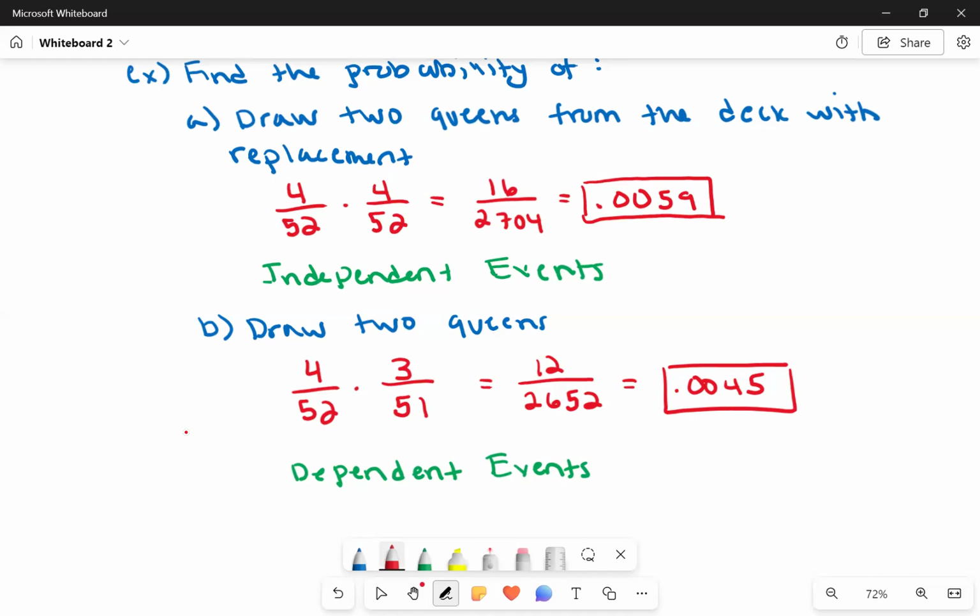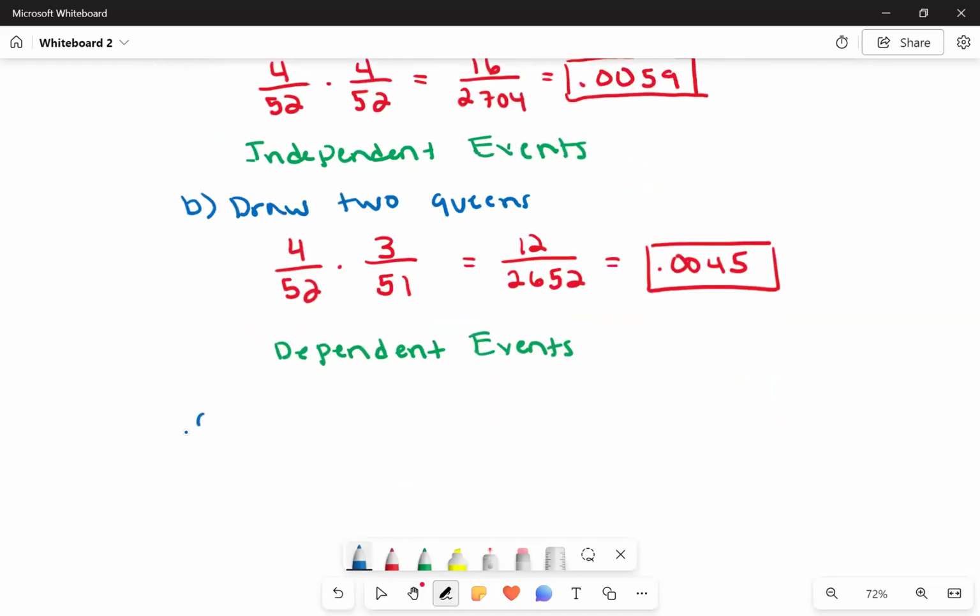Okay. So let's try this one. Let's say this time I draw a queen and a 3. Just like the queen, there are 3s in all 4 of the suits.